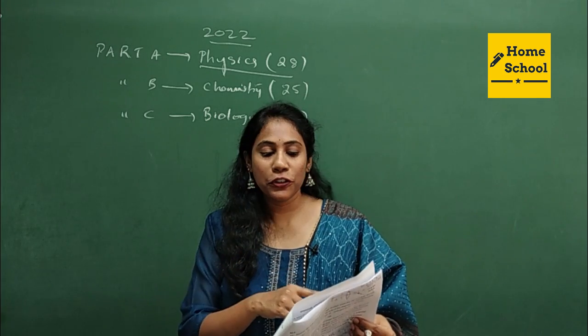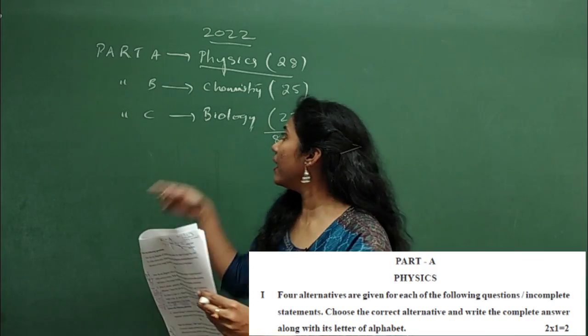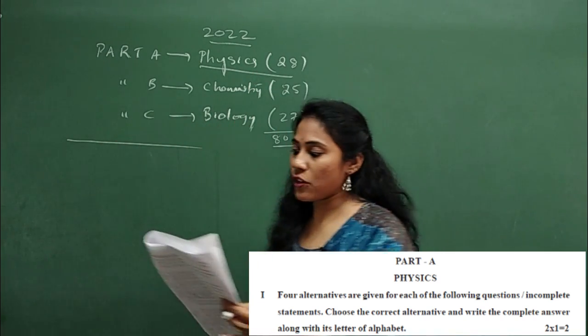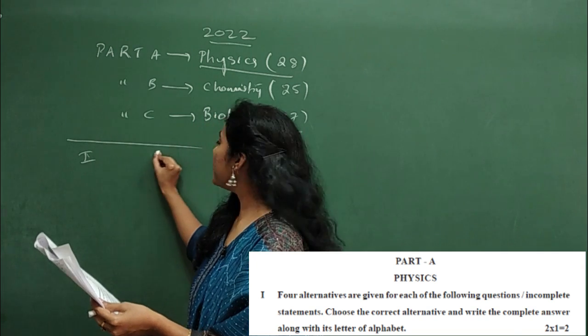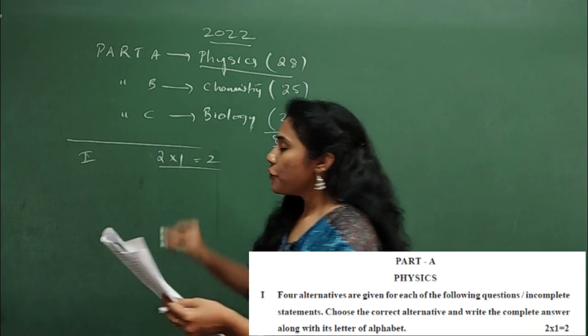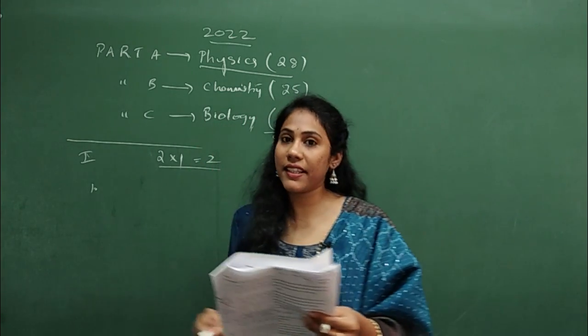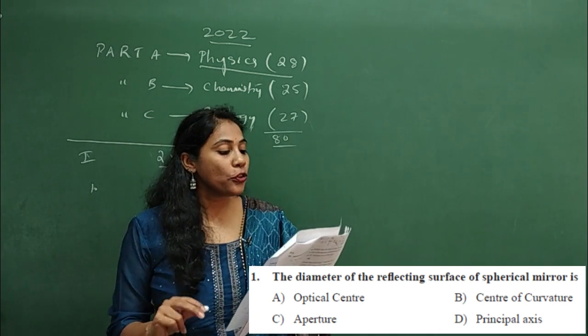So let's quickly go to the first main. See, the first main under physics part is a multiple choice question. So in the first main, you have two multiple choice questions, each carrying 1 mark. Under this, the very first question is something like this, which is displayed on the board also.